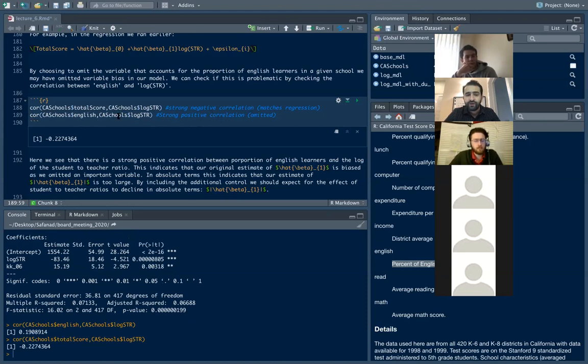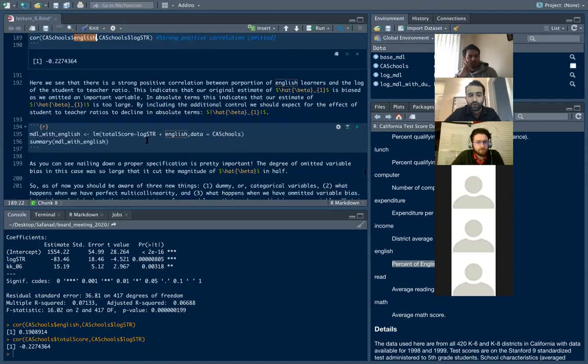Okay, so there's a variable that we know is omitted, the proportion of English speakers. We omitted it, and it's correlated to the log of the student to teacher ratio. Because of that, we're basically saying English is unexplained variation inside the residual term. If we were to include that inside of the model, we'd be moving it out of the residual term, out of the error term, and actually into the model. By doing that, we're going to take away some of that bias.